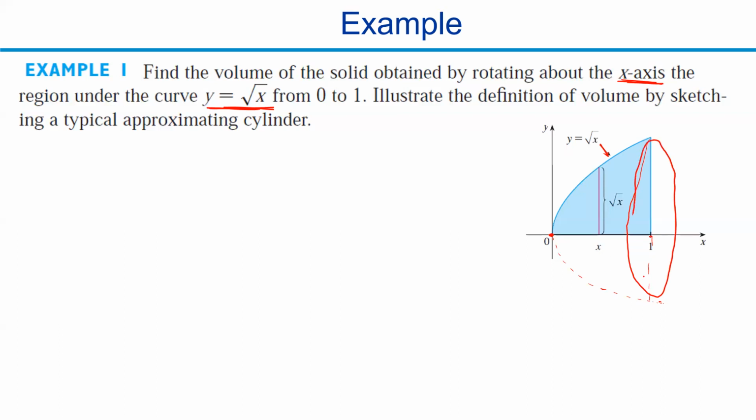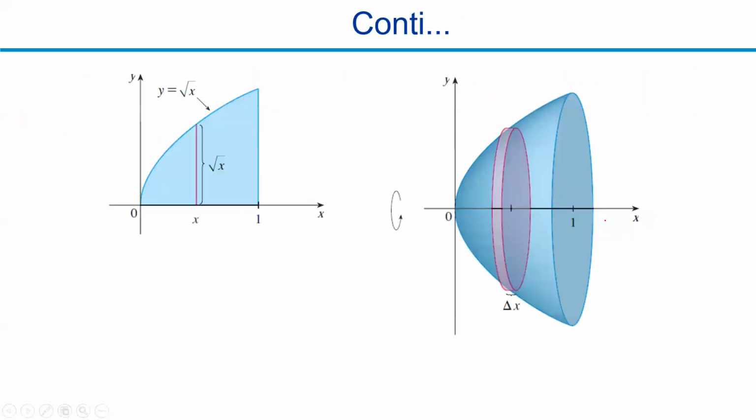So this will be a solid region, as you can see here. Upon rotating y is equal to root x along the x-axis, you will produce the solid region S. So this is what the solid region is.